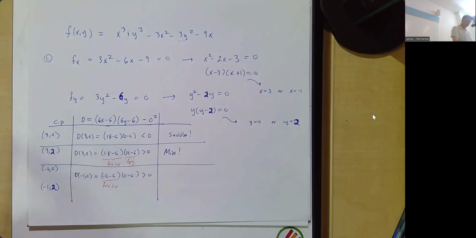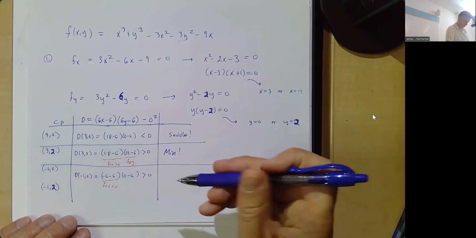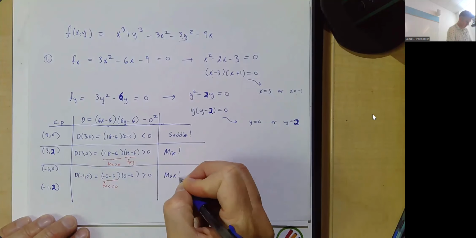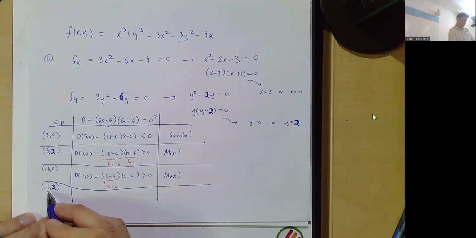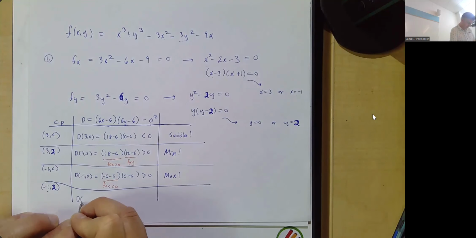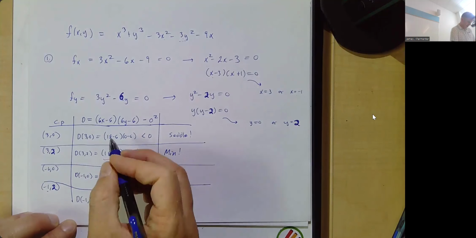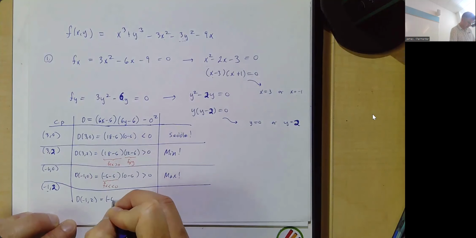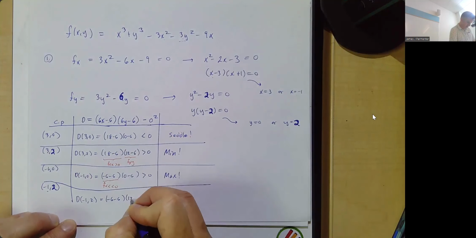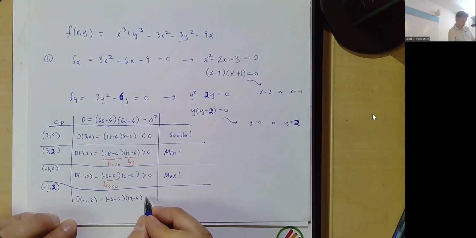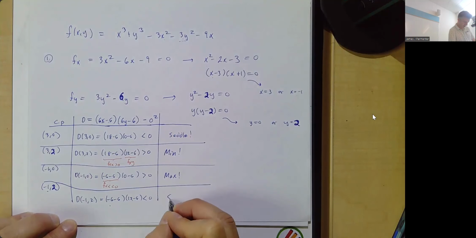So I have a maximum. And finally, the last one, I plug in -1 for x and 2 for y. D of -1, 2 is going to be -6 minus 6 times 12 minus 6. And the negative times the positive is negative. So I have a saddle.